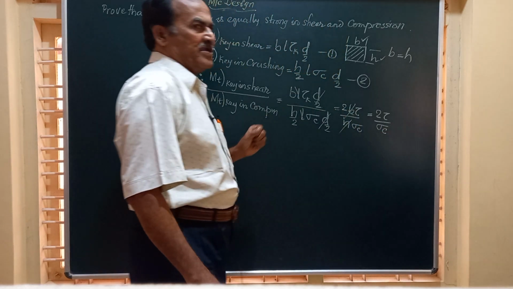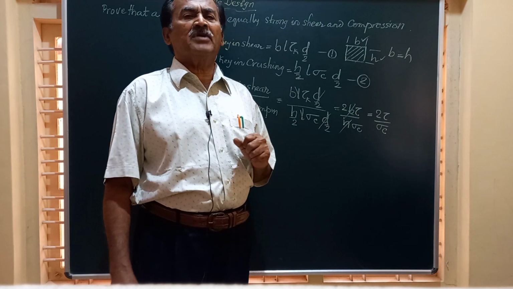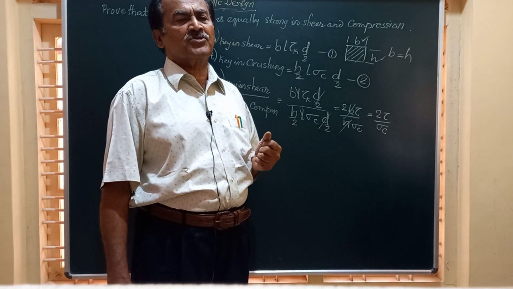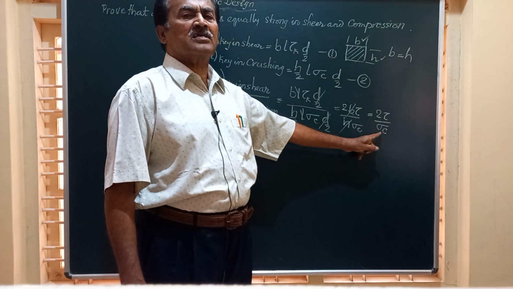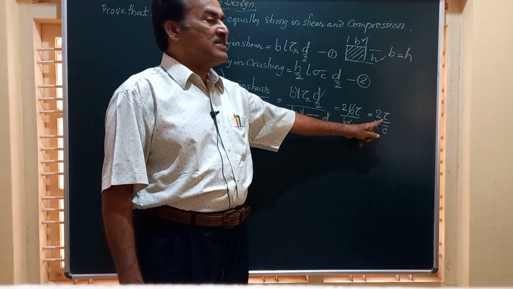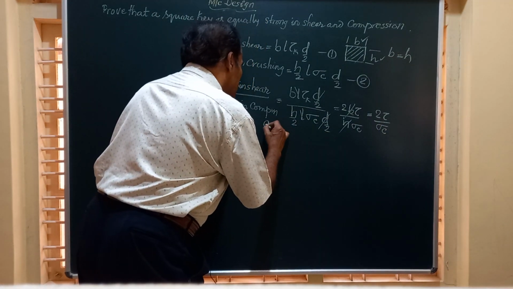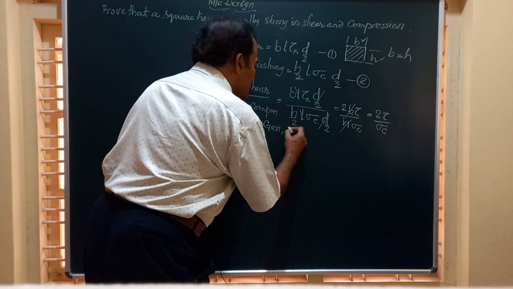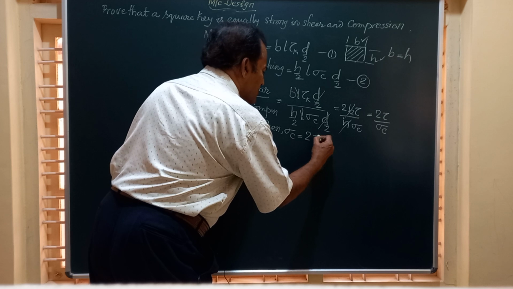Friends, for all these engineering materials generally used, the value of the compressive stress, unless otherwise specified, will be equal to double the shear stress. I can say here generally sigma c is equal to twice tau.